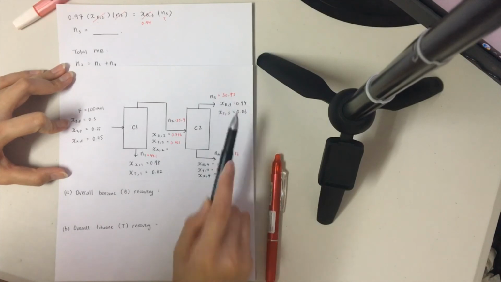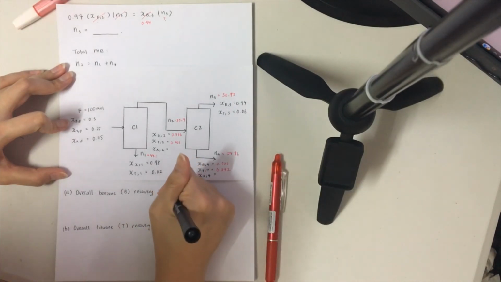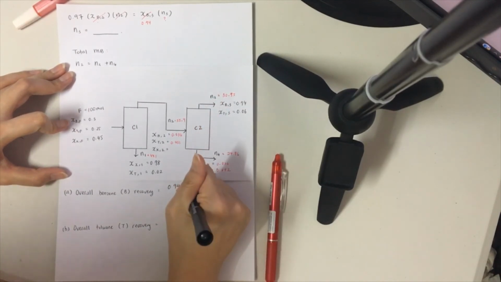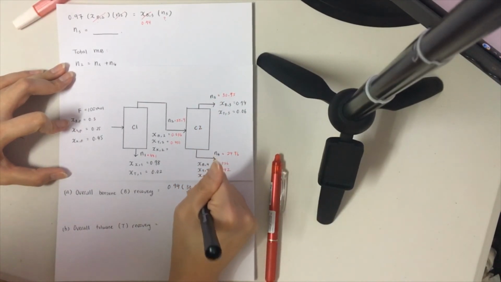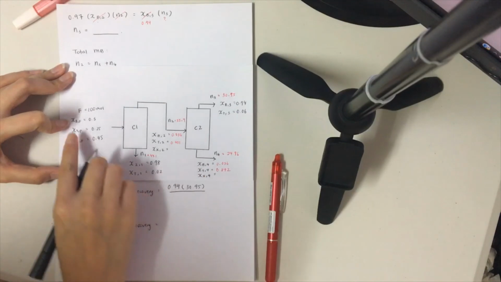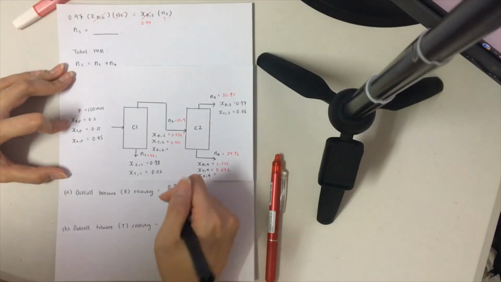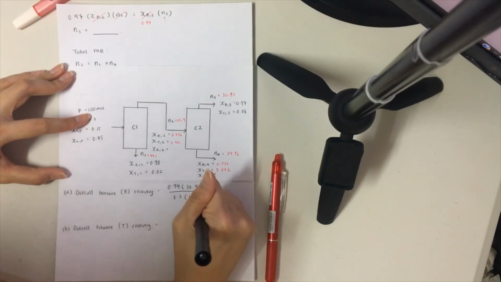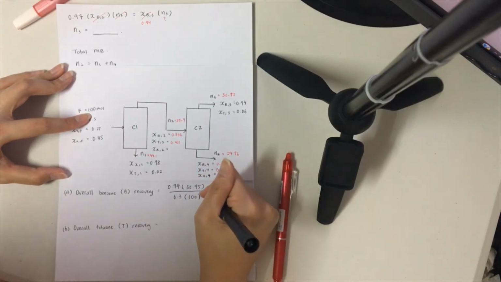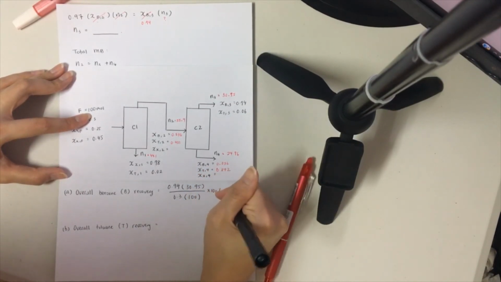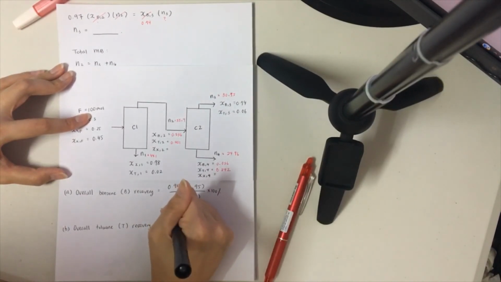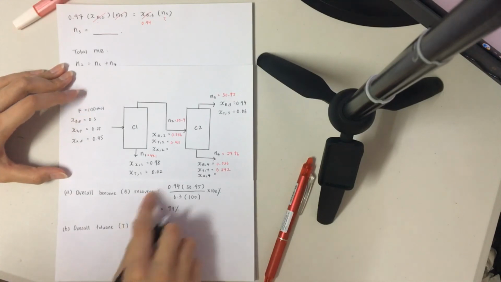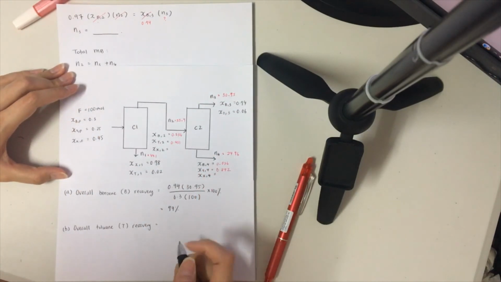So to find the amount of B, that is 0.94 multiplied by N3, 30.95, over 0.3 by 100. And multiply by 100%, we should get 97% of benzene recovered from the overall system.